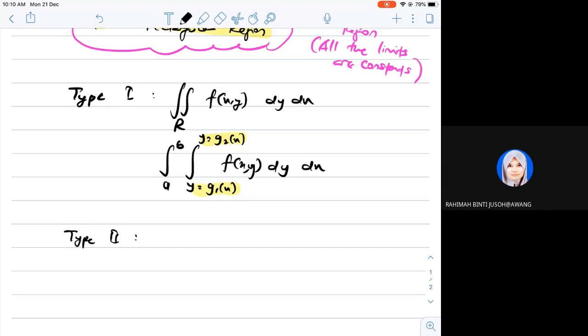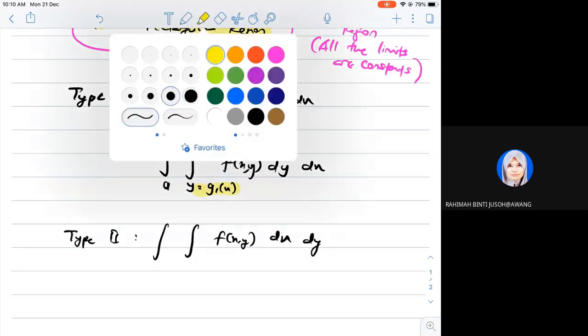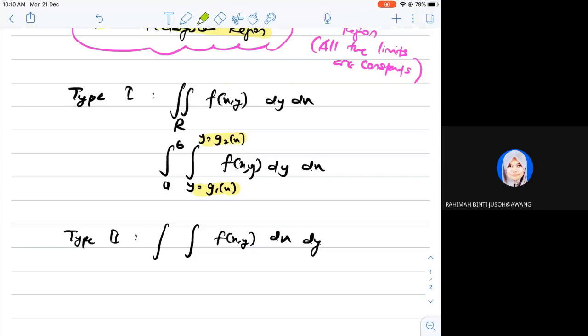And then type 2, we will have double integrals of f(x,y). We have dx first, and then goes to dy. And then the limit of x here should be a function.